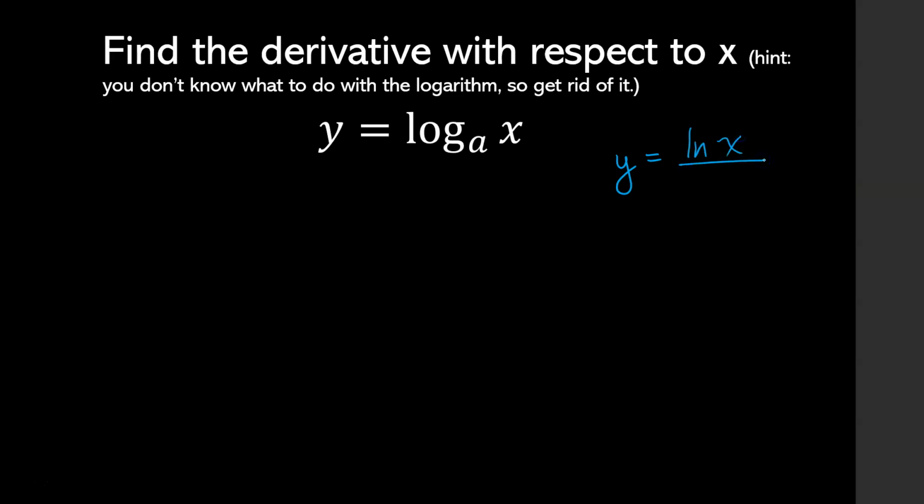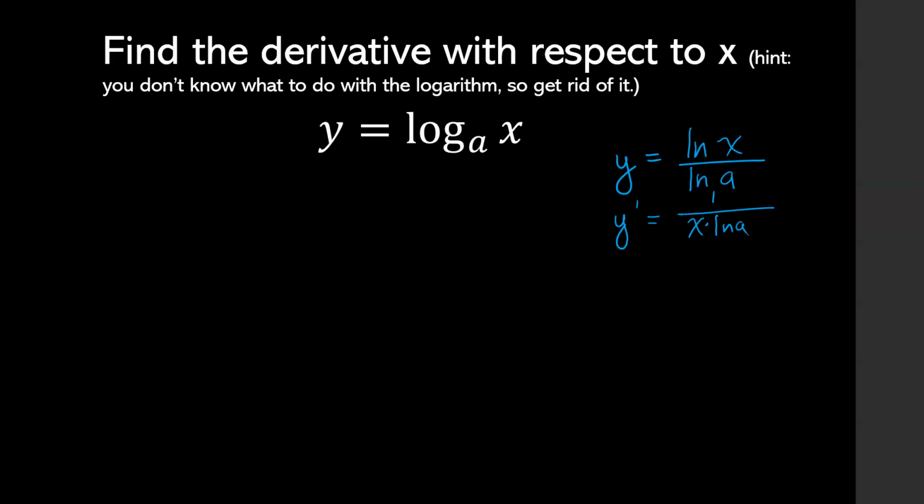Use the change of base formula, so natural log of x divided by the natural log of a. Natural log of a is a constant, so taking the derivative of that, we get to ignore. So that's going to be natural log of a in the denominator, and the derivative of natural log of x is 1 over x.